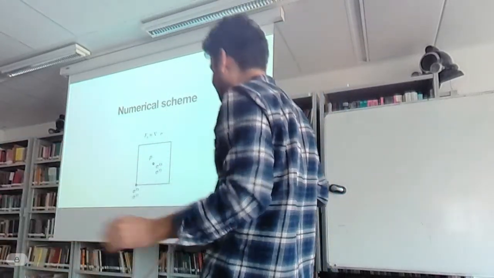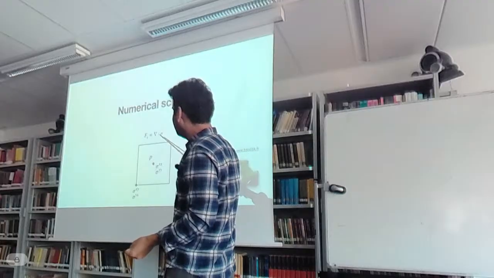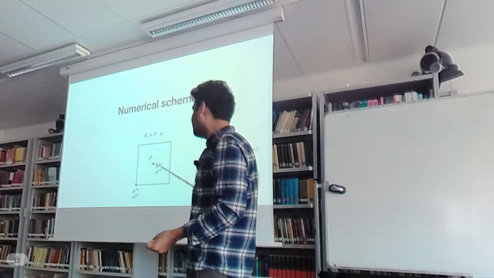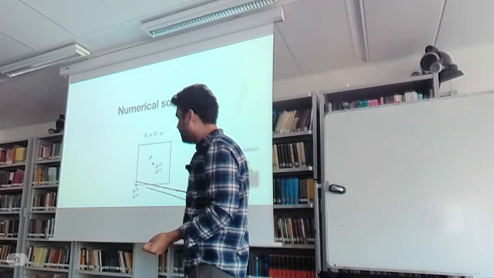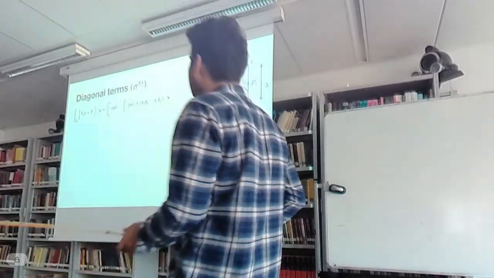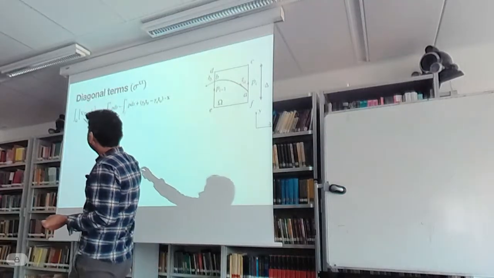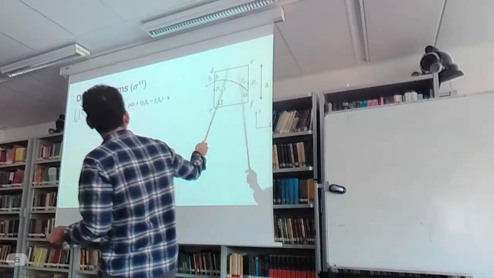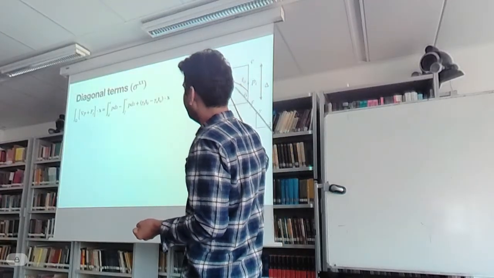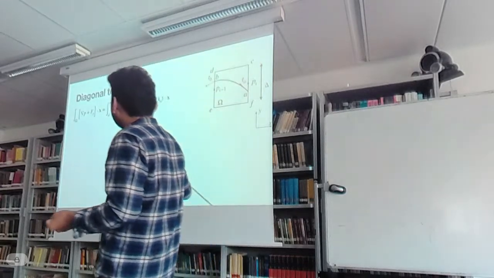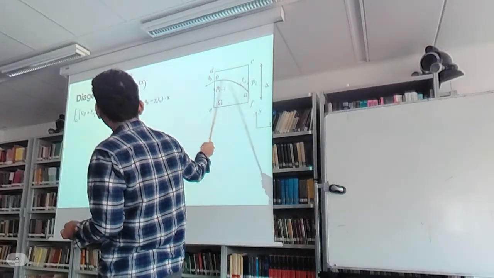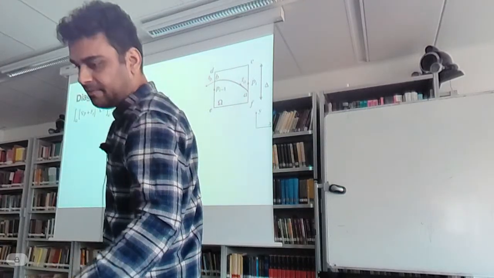So in this scheme, we write the surface tension stress tensor as it has diagonal terms and non-diagonal terms, which are given at the cell center and the vertex center. And to write this, we do a simple exercise of writing the contribution due to the pressure gradient and surface tension in a control volume like this, where you have an interface that cuts a control volume at points A and B. So it's nothing but the pressure difference plus, as I told you earlier, the gamma times the tangent vectors dot x.